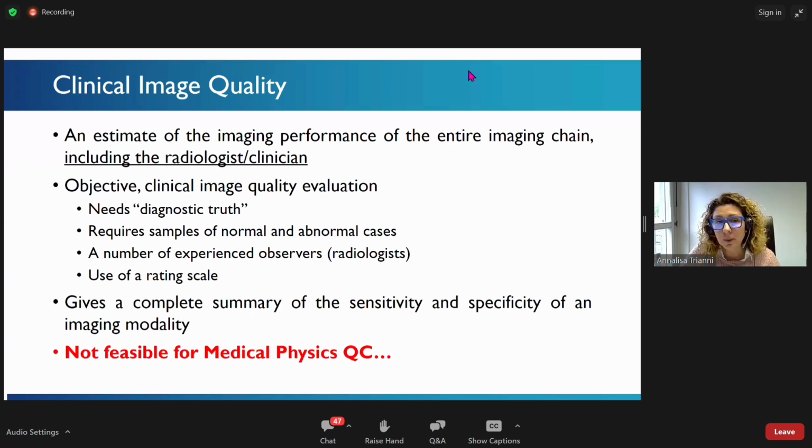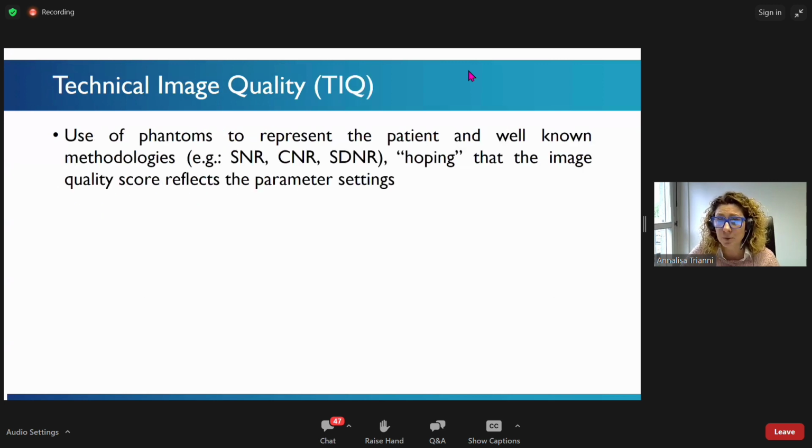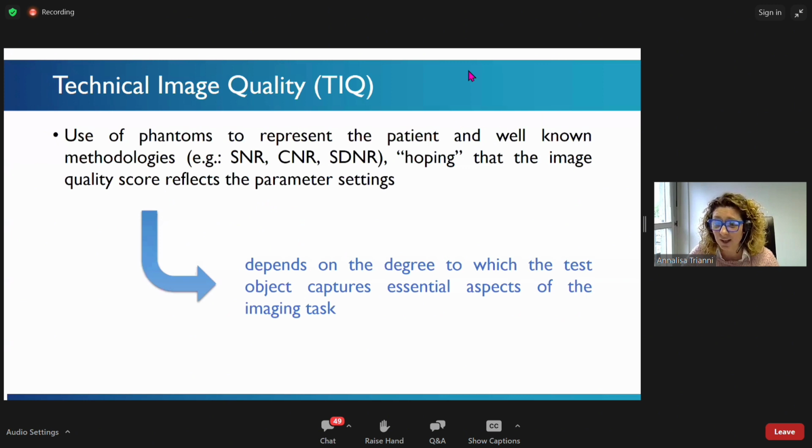So what we normally do is use phantoms to represent the patient, and also we use well-known methodologies like the signal-to-noise ratio, the contrast-to-noise ratio, and so on, hoping that the image quality score reflects somehow the parameter settings. Well, these test objects should capture essential aspects of the imaging task, and that's the challenge, actually.